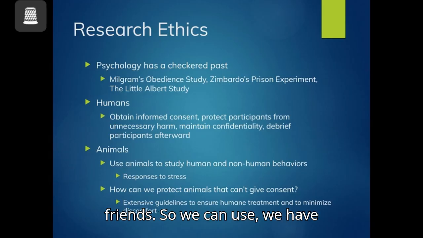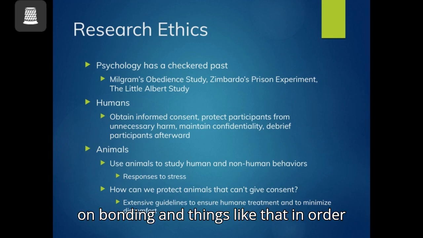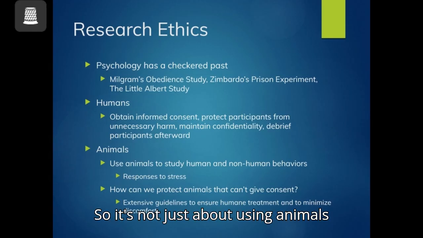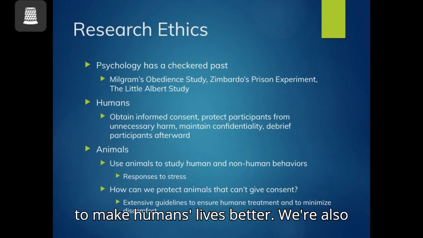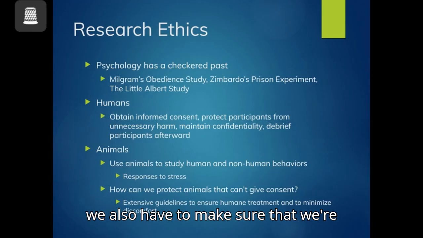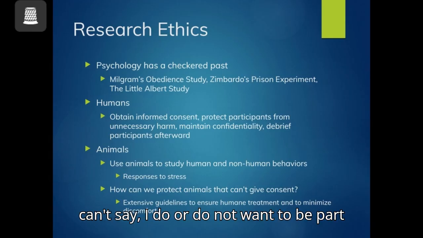So we have used research on stress and on bonding and things like that in order to improve the lives of shelter animals. So it's not just about using animals to make humans' lives better. We're also using this to help the animals. But we also have to make sure that we're protecting those animals, because they can't say, I do or do not want to be part of this study.